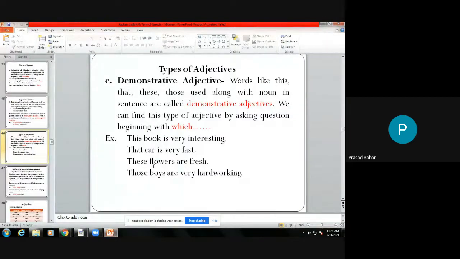Demonstrative adjectives are the words like this, that, these, those. Only four are the demonstrative adjectives. Okay, this, that, these, and those. These are the four demonstrative adjectives we use in a language.